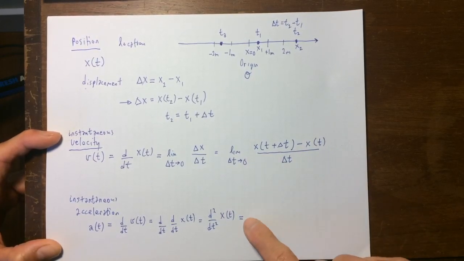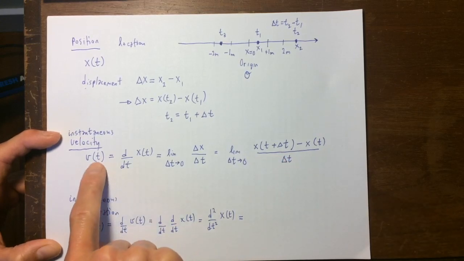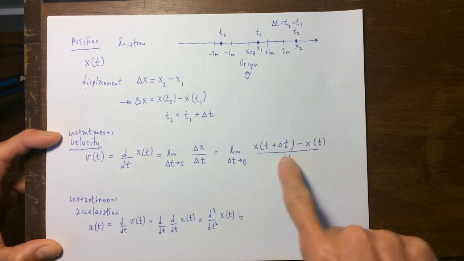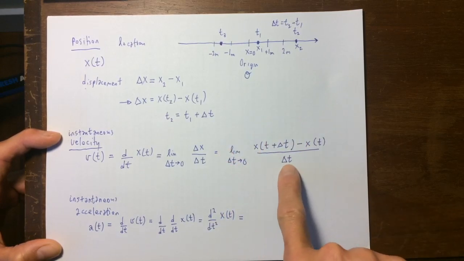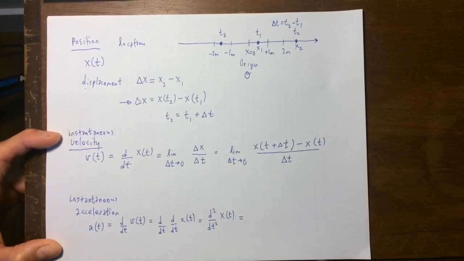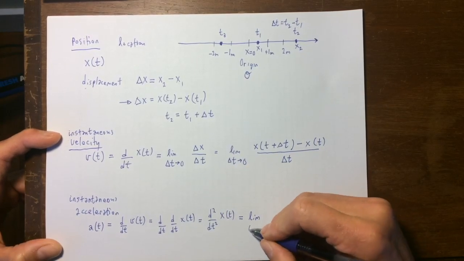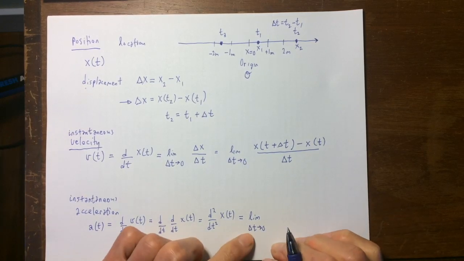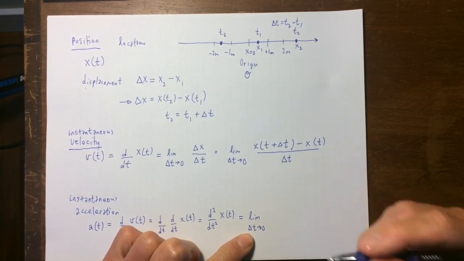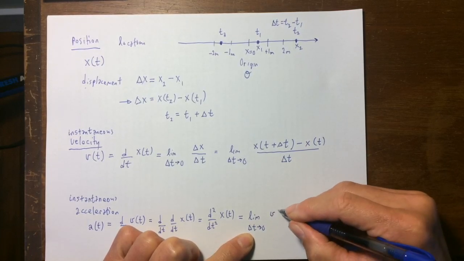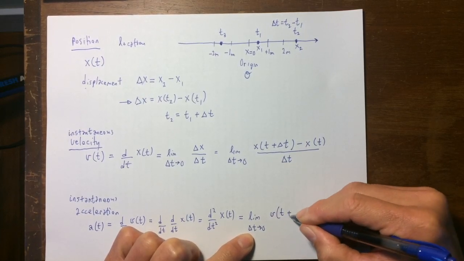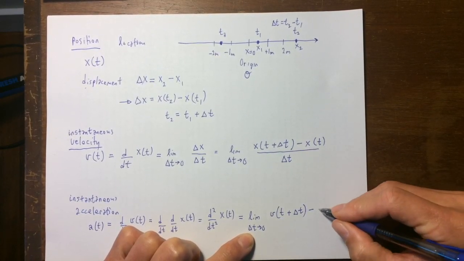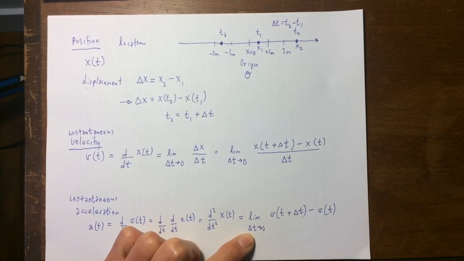But analogous to the situation where the velocity is the time rate of change of the position, which can be written with this difference divided by a time duration in a limit, it's the same idea. We can take the limit as the time duration heads to 0, or the moment becomes infinitesimally long, and we're looking at the difference between the velocity at a later time and the velocity at the earlier time.